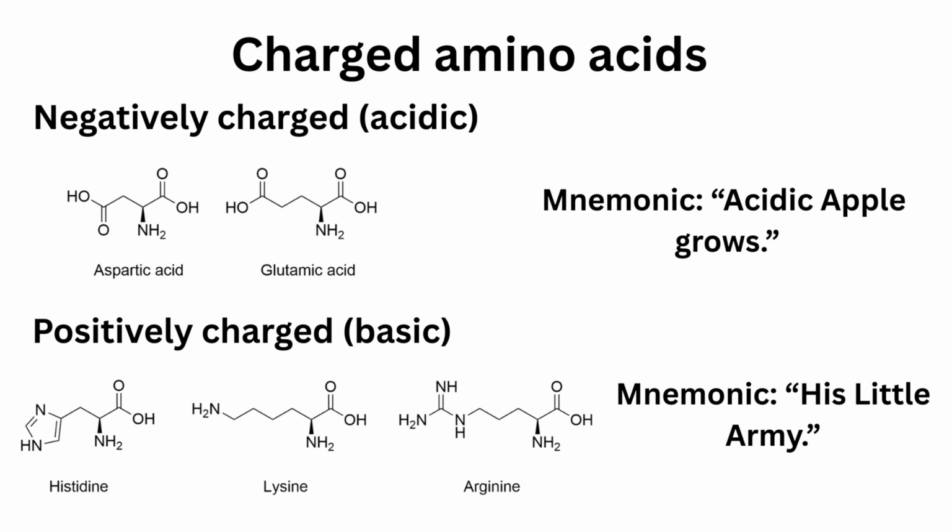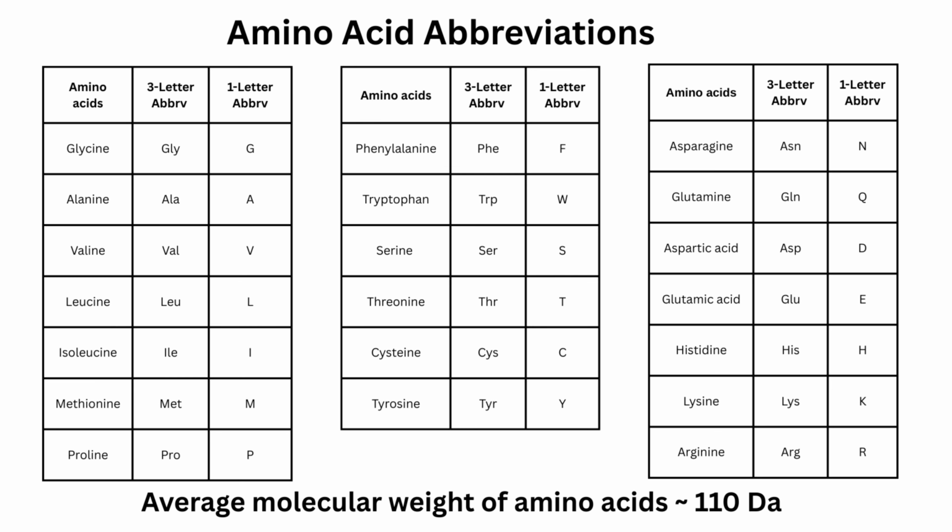Mnemonic: acidic apple grows. Number 4, basic, positively charged at physiological pH: histidine, lysine, and arginine. Mnemonic: his little army. Besides structure, it may also be important to remember the 3-letter and 1-letter abbreviations of amino acids.